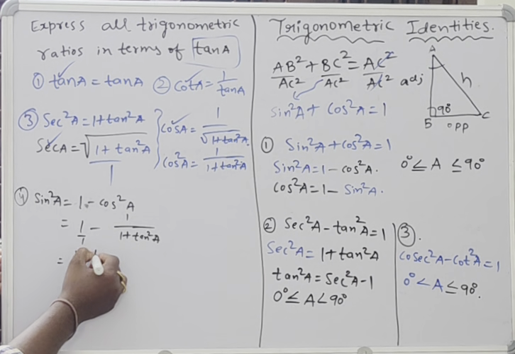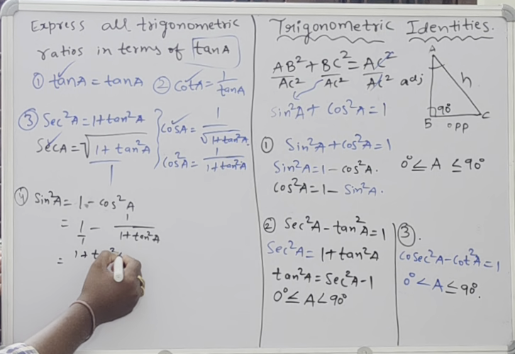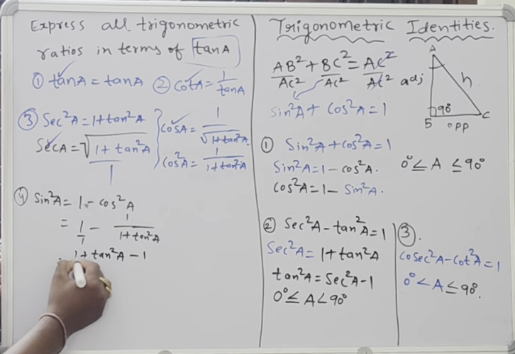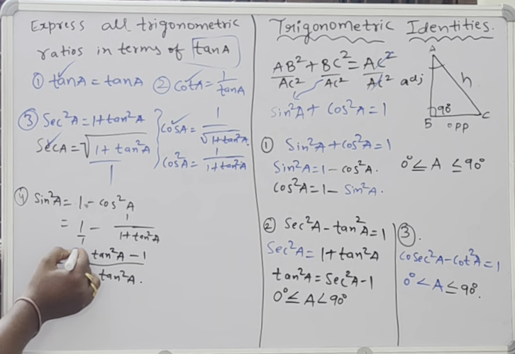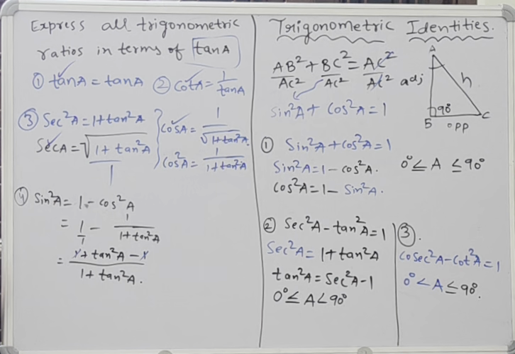So 1 plus tan square A, this is minus 1, by denominator 1 plus tan square A. So plus 1 minus 1 will cancel out each other. There will be 0. So sine square A is equal to what? Tan square A by 1 plus tan square A.